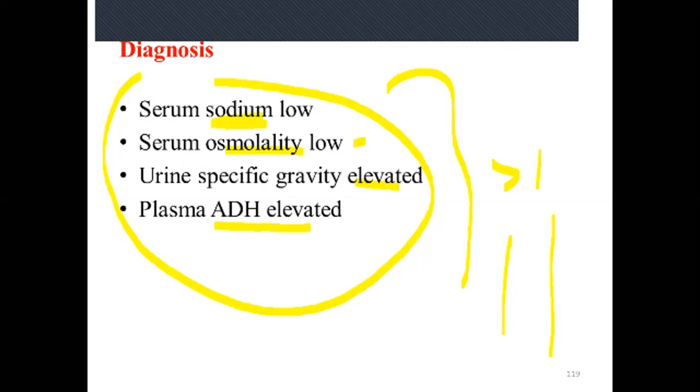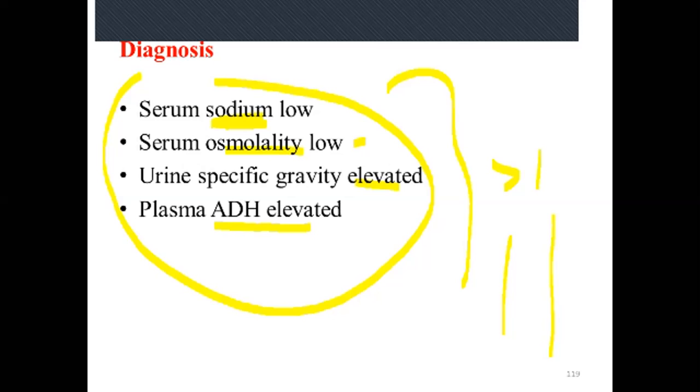Otherwise, the other parameters can be deranged too, but this derangement causes devastating complications. Good observation. Okay, so this is the parameter we are going to use. The next slide will be the treatment.